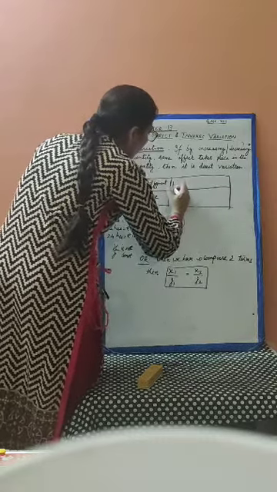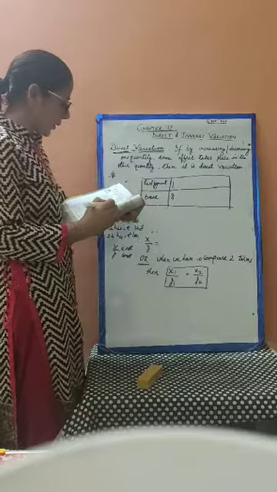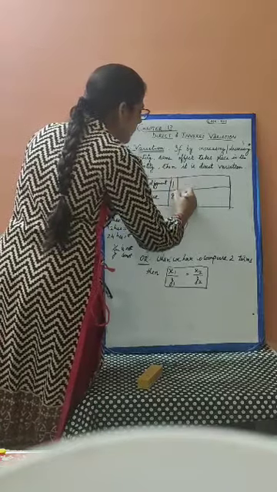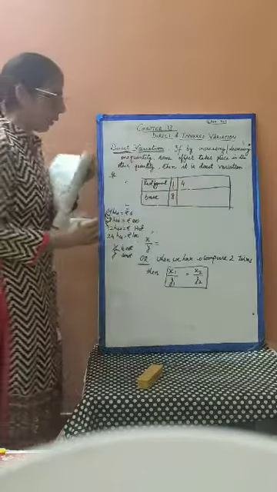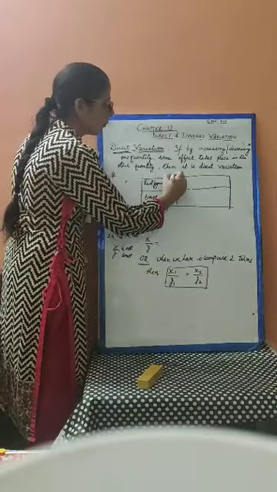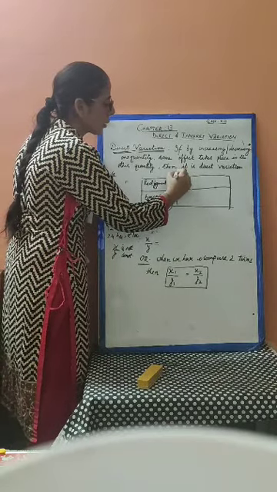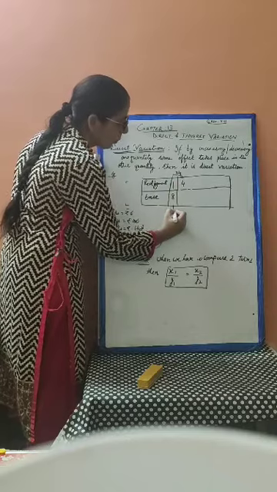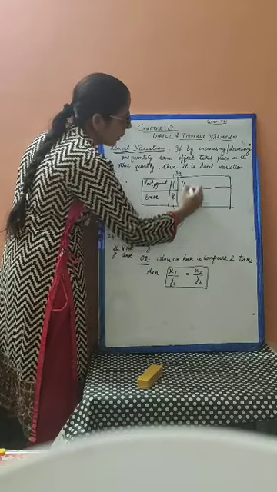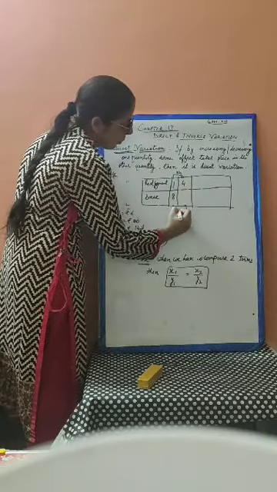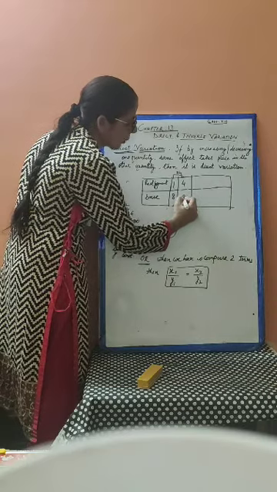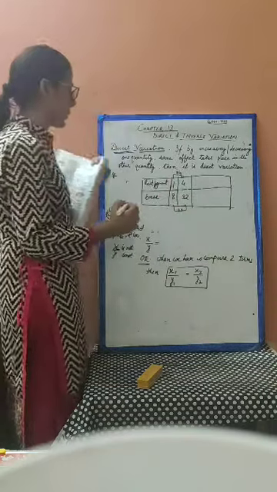For 1 part it is 8 parts. So for 4 parts, how much base will be there? It is increased by 4, so how much will be the change in base? It will also be multiplied by 4. So it will be 32 parts.